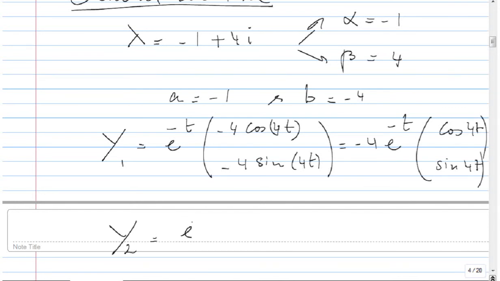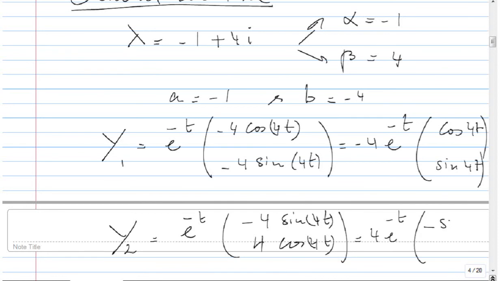So what about y2? y2 is e to the minus t, b sine 4t, and then at the bottom we have alpha minus a, which is 0, times cosine beta t, plus beta, 4 cosine 4t. Again, we can put the 4 outside, and this will give us minus sine 4t over cosine 4t.